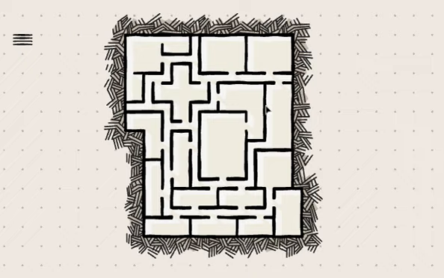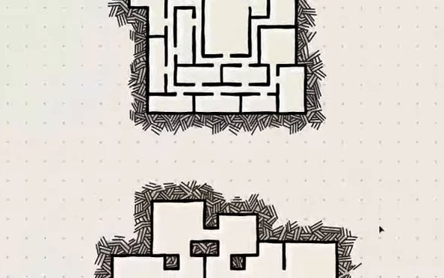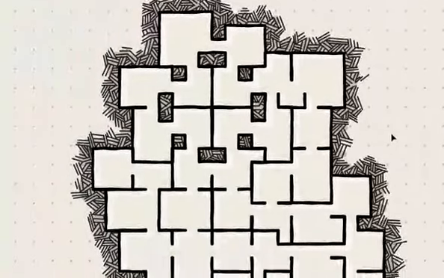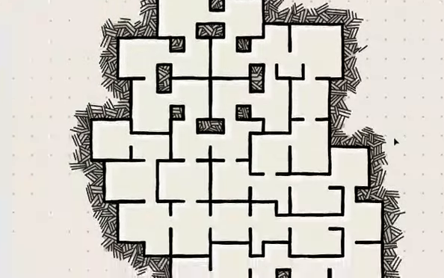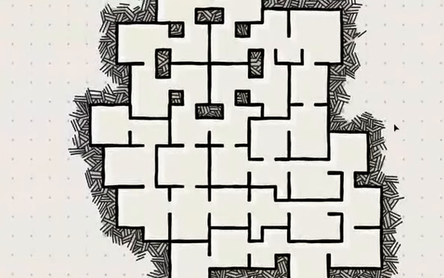It's actually got a larger variety of rooms to work with. But expanding even further, this, believe it or not, as much as it looks like an entirely different creation, is the same layout done slightly differently.